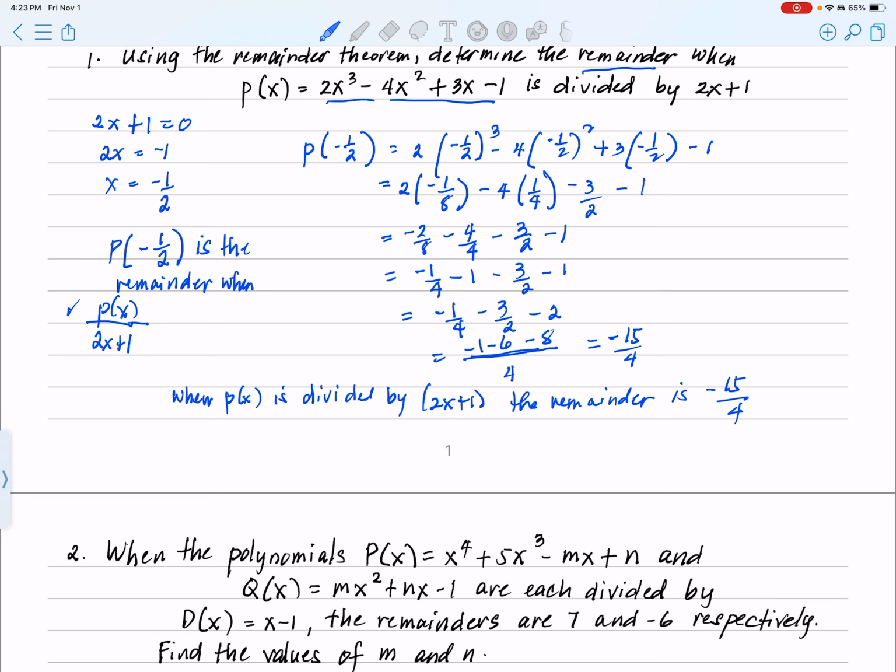Now, the second part of it is telling us if P of A is equal to 0, then x minus A is a factor.